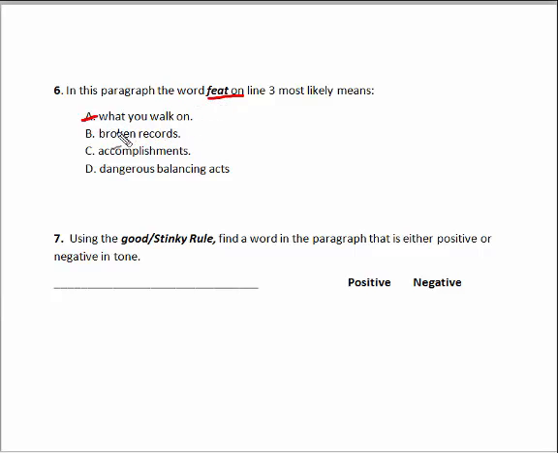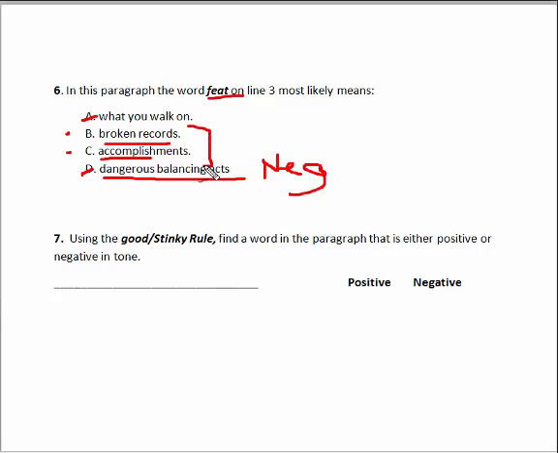F-E-E-T is your feet. That's wrong. B, broken records. Put a dot by that. C, accomplishments. Put a dot by that. And D, dangerous balancing acts. Dangerous is negative, and we need an answer choice that is going to be positive, so we can cross that one out. We can cross out 2 answer choices going through quickly.